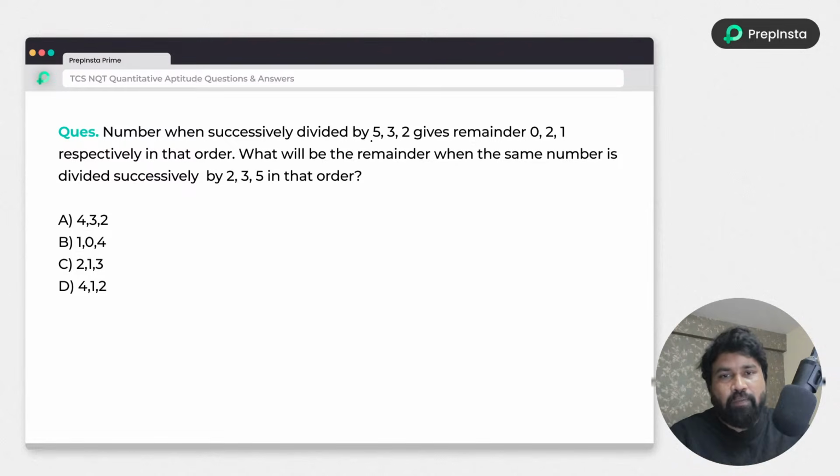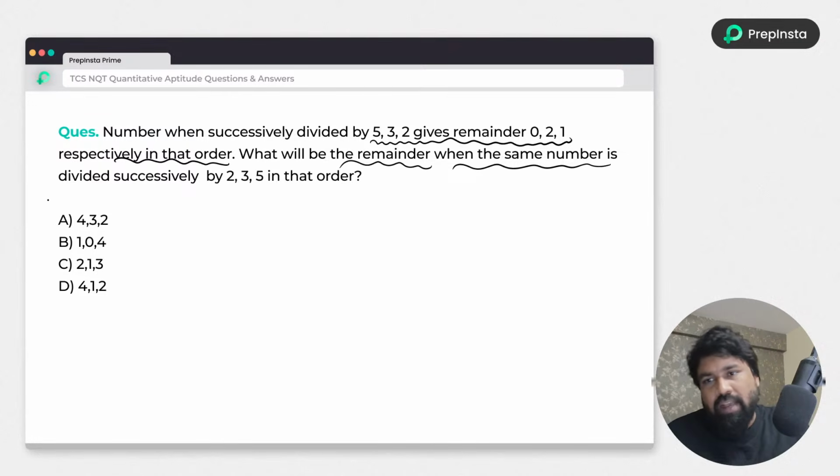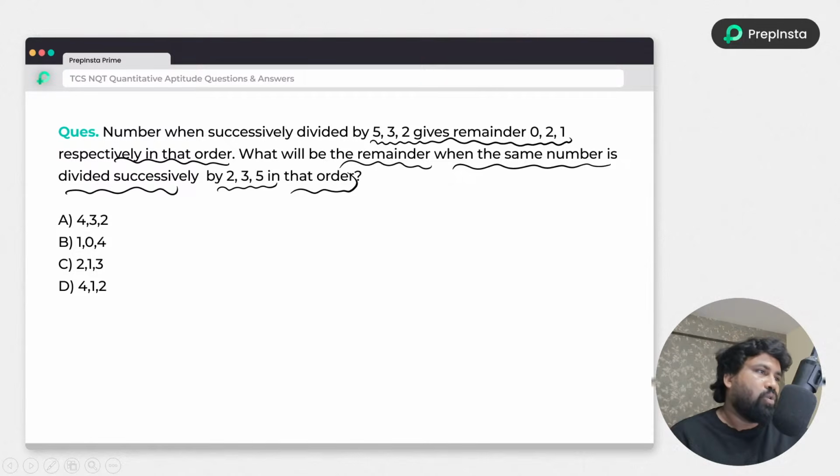A number when successively divided by 5, 3, 2 gives the remainder 0, 2, 1 respectively in the order. What will be the remainder when the same number is divided successively by 2, 3, 5 in that order? Whenever you have this type of problem, guys, again I am telling you, do it in reverse order. For example, the number is first divided by 5, second divided by 3, and last divided by 2, and you get the remainder 1.